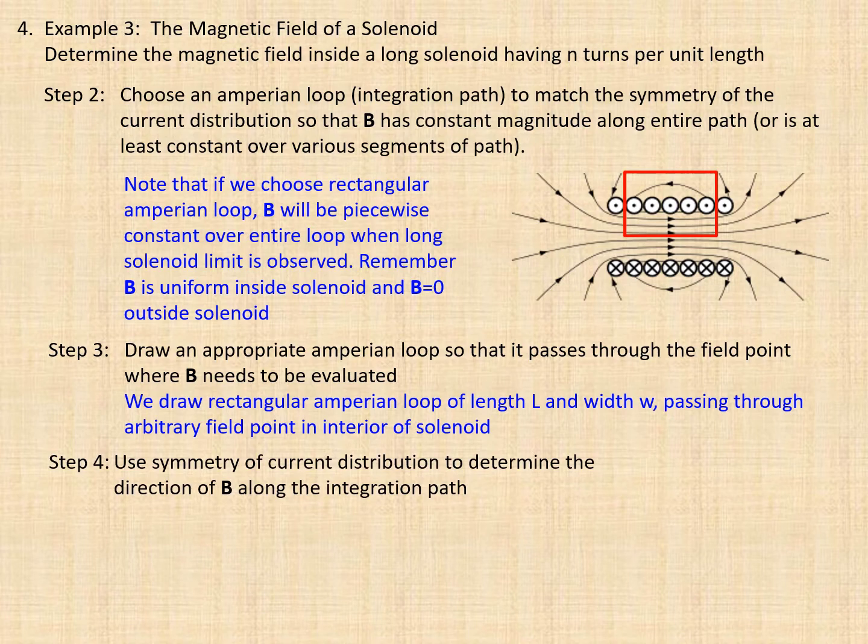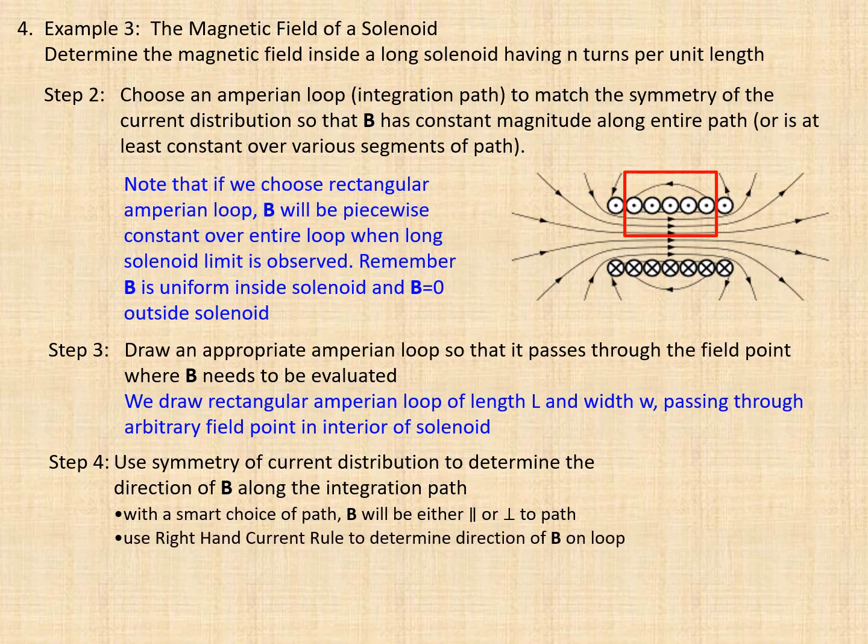So we need to determine what the magnetic field looks like along each portion of that integration path. And we see that since the field is uniform inside of the solenoid, the value of the magnetic field, these green arrows I'm showing you on the slide, has a constant magnitude, whereas for all portions of that loop that exist outside of the solenoid, the value of the field is 0 there.